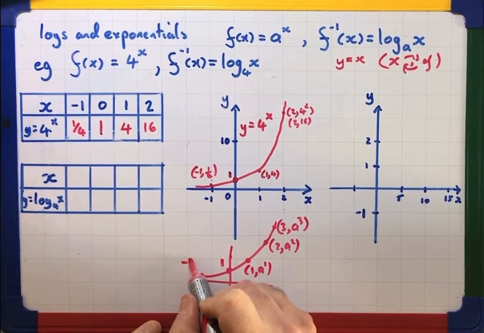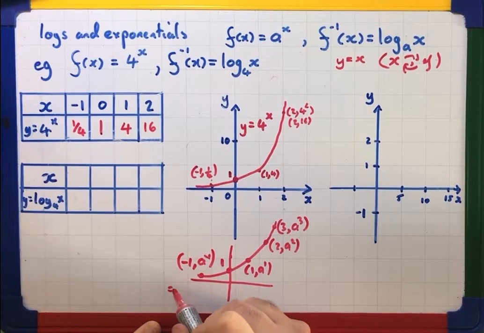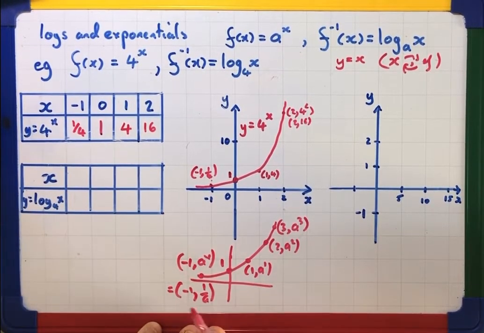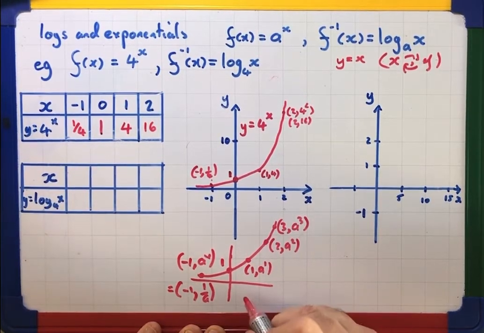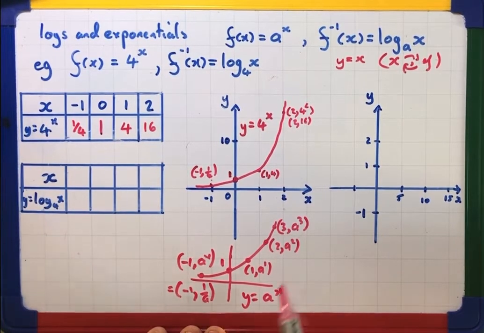Minus 1 would be a to the power minus 1, which is the same as minus 1, 1 over a. So that's the general picture of y equals a to the power x. That's the general graph that you would get for an exponential function.